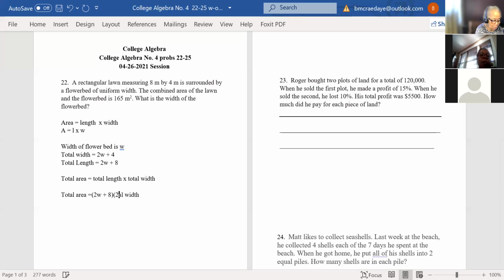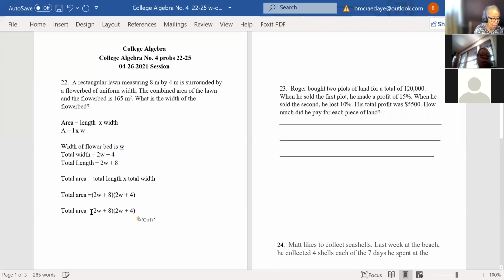Okay, so that's 2W plus 4. Now, let's multiply that out. There's going to be 4W square. Okay, let's take this and copy it. We'll multiply this out.